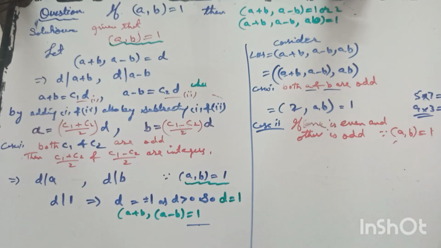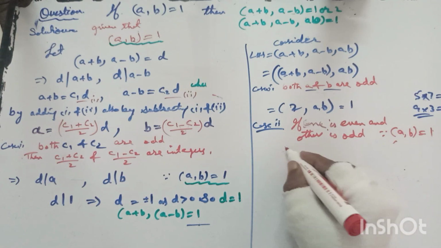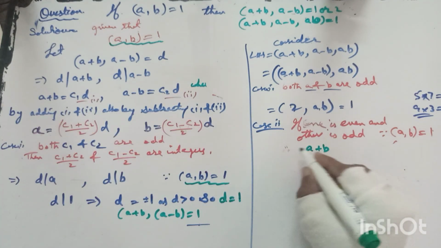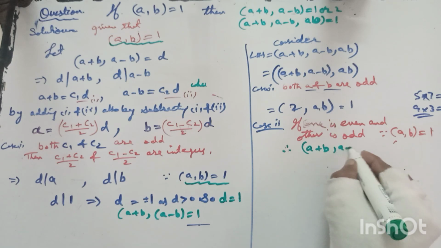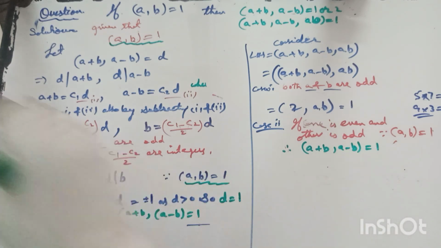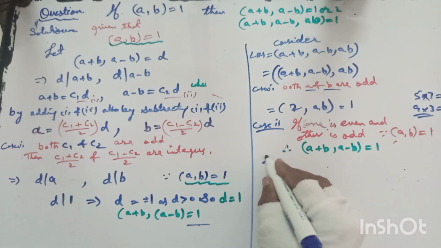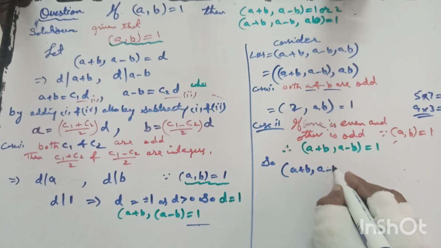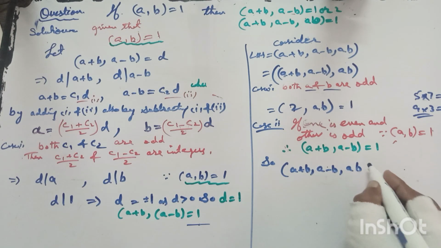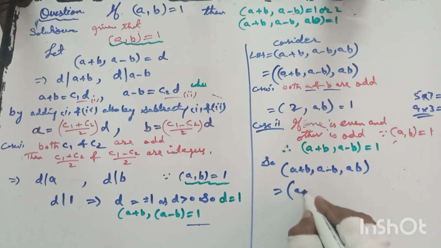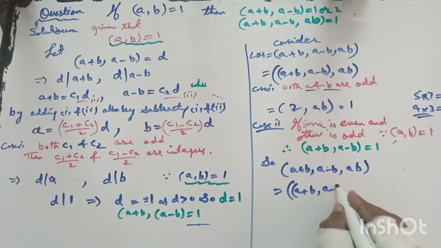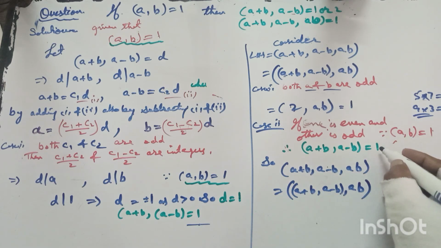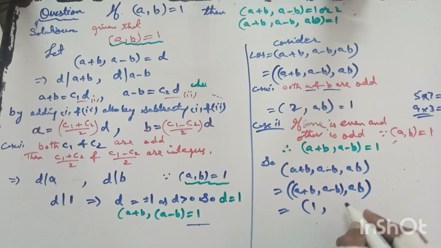Therefore the GCD of a plus b and a minus b must be 1. So consider a minus b and ab together with a plus b. I can write it as this. The GCD of this is equal to the GCD of this. This GCD I have calculated as 1, and AB.